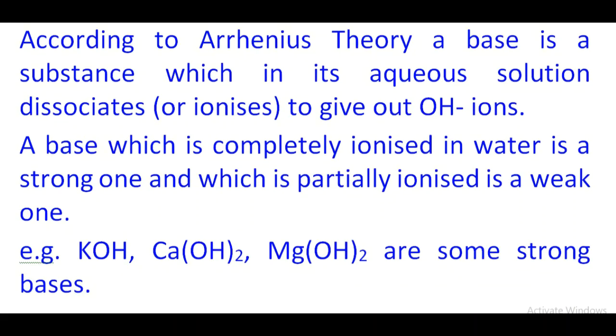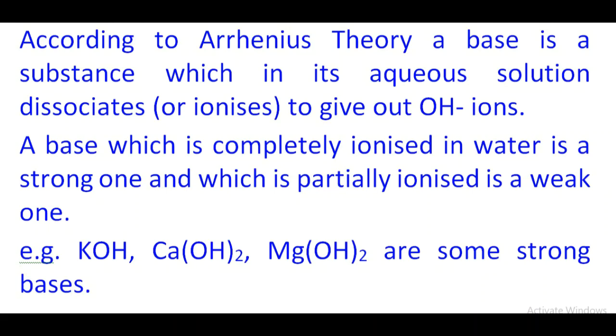And according to Arrhenius theory, a base is a substance which in its aqueous solution dissociates, or we may say ionizes, to give out hydroxyl OH minus anions. The base which is completely ionized in water is a strong one, and which is only partially ionized is a weak one.